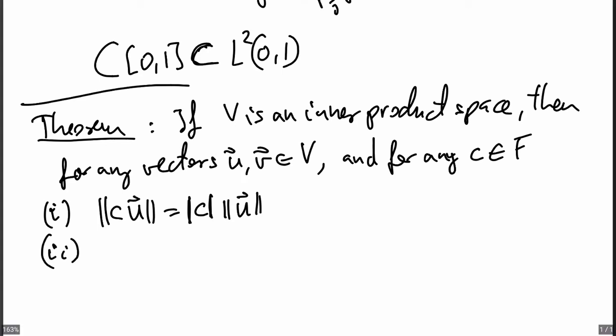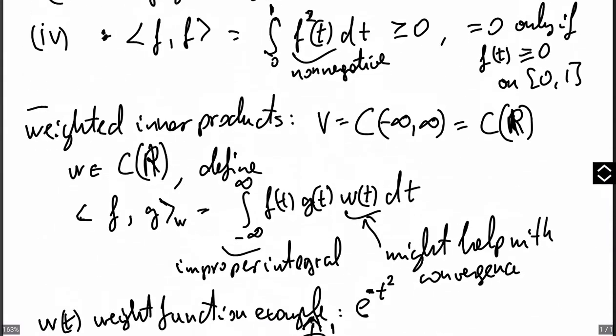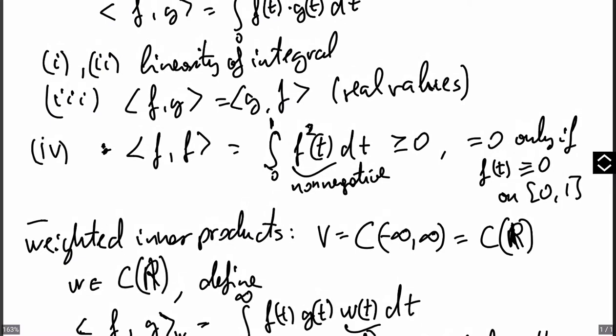The second property is that the norm of a vector is positive for non-zero vectors, and this comes actually from the fourth property of the inner product.